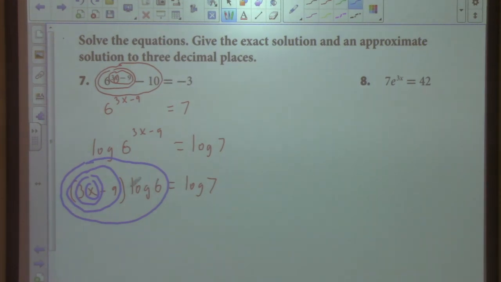What is this log 6 doing to the inside part of the onion? It's multiplying. So we divide by log 6. And so now we've crossed that out. Now we have 3x minus 9 equals log 7 over log 6.